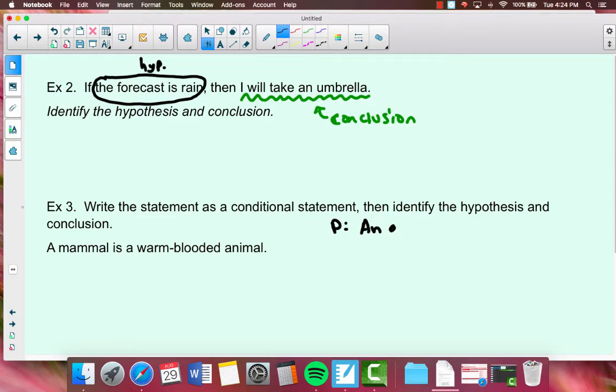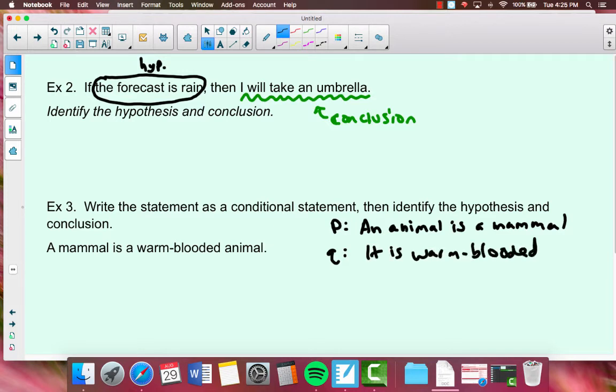So an animal is a mammal. I added the word animal into it. And the other part of that would be that it is warm-blooded.